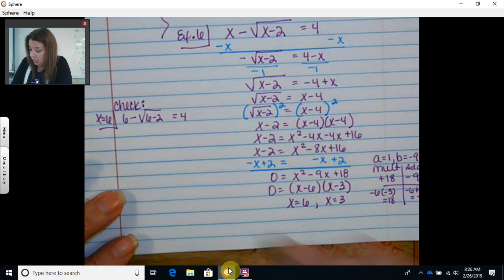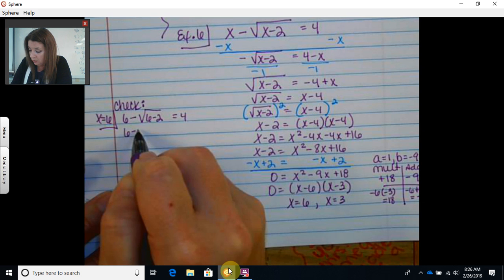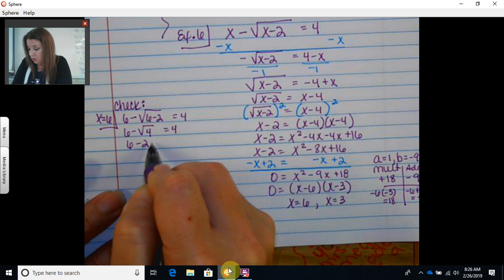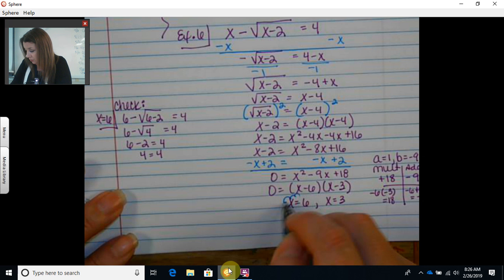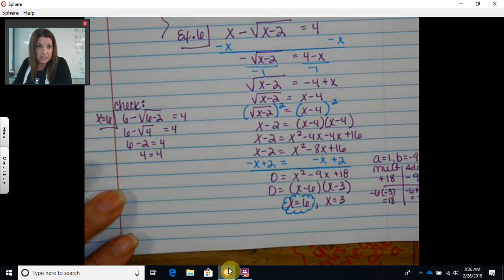So that's 6 minus the square root of 6 minus 2 is 4. What's the square root of 4? 2. Does 6 minus 2 equal 4? Yes. Okay, so 6 is a solution. That works. It's not extraneous. Let's check 3.